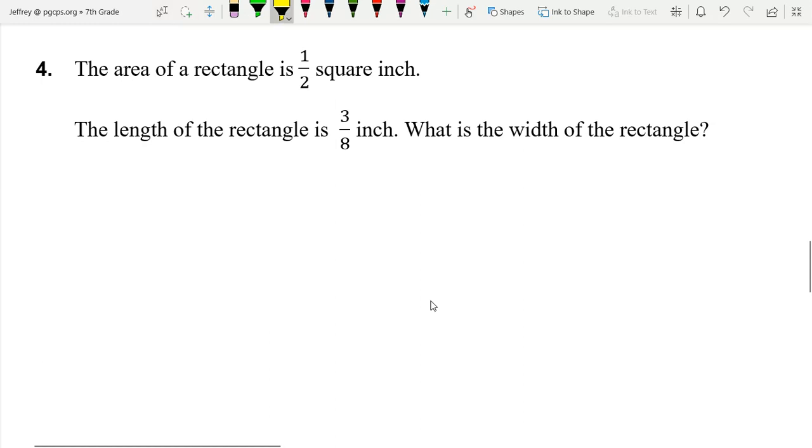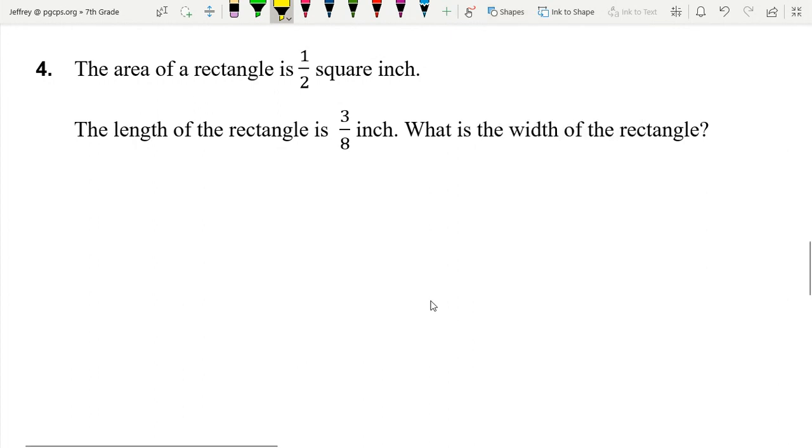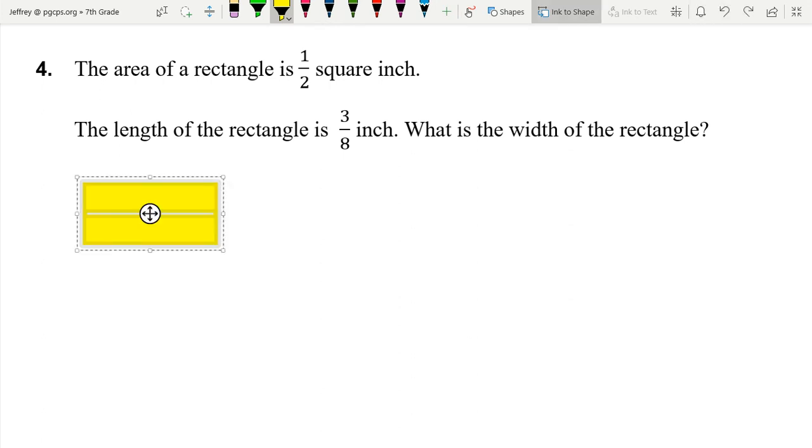Okay, so a rectangle. Let's draw a rectangle. Now, a rectangle has an area of 1/2 square inch.